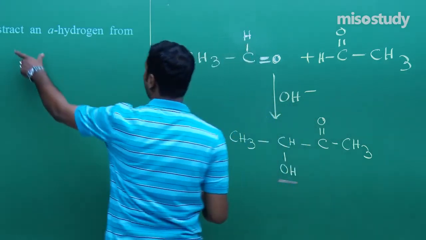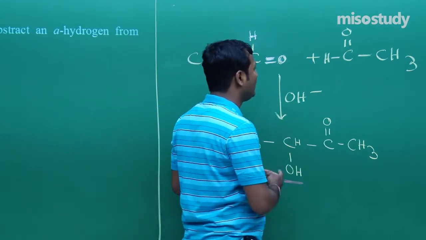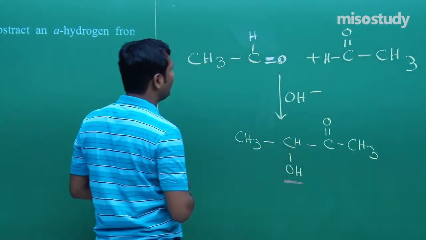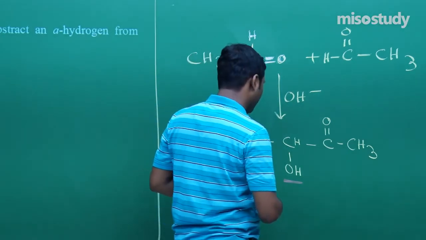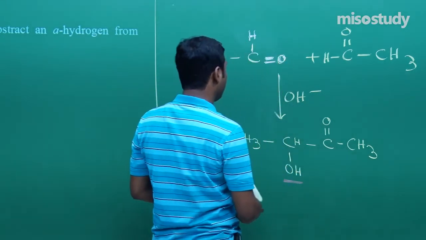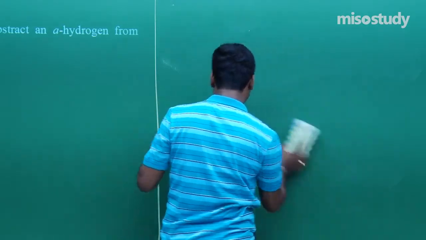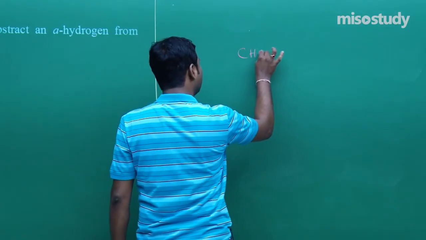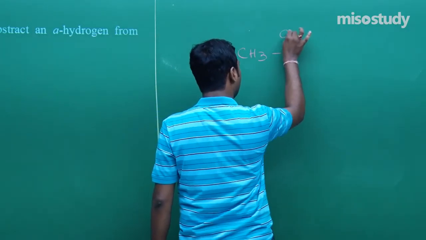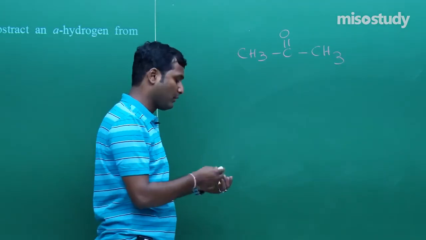That is, a strong base can abstract alpha hydrogen. One more thing I have to mention here is the alpha hydrogen. Now here, one noticeable thing, the best example is here. If I put here CH3, C double bond O, that is CH3, you can easily understand by this example also.